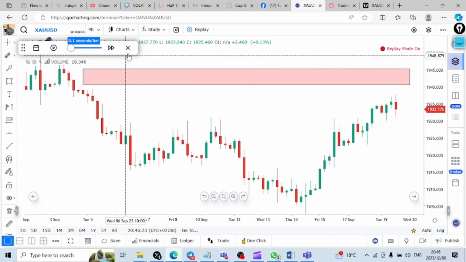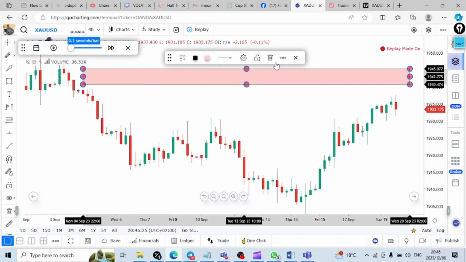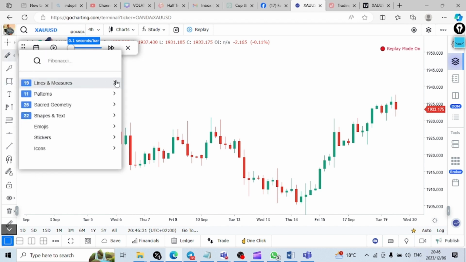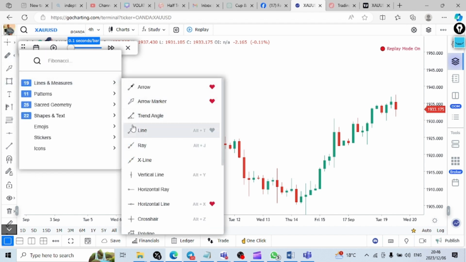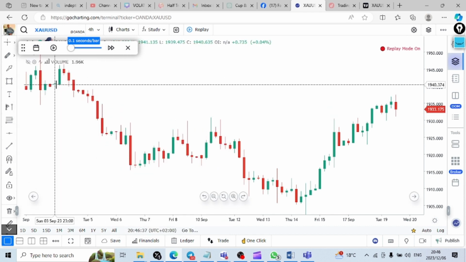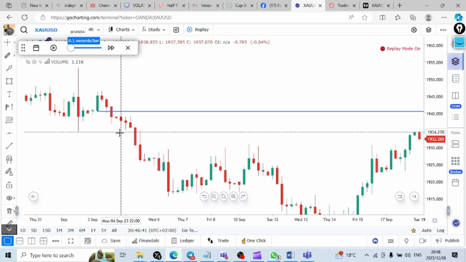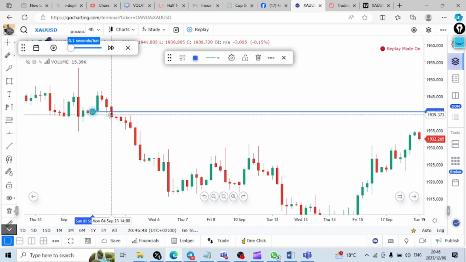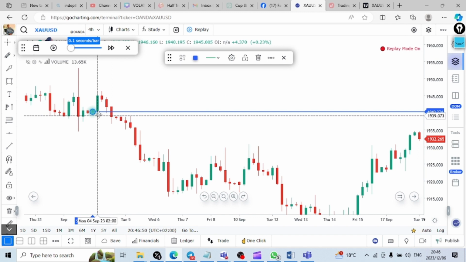So when marking an order block, okay, let's just do the proper thing. When marking an order block, you have to mark this particular level. The open of this candle, this particular area, that's what you mark. And what validates this order block is the fact that we have this red candle that is closing below this previous low.